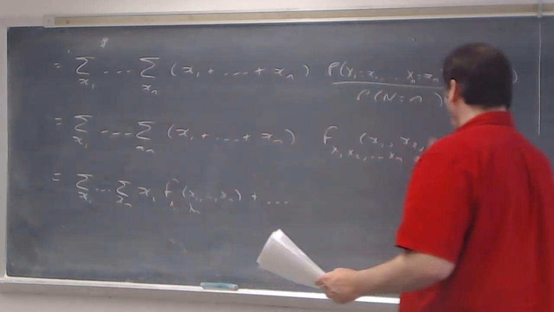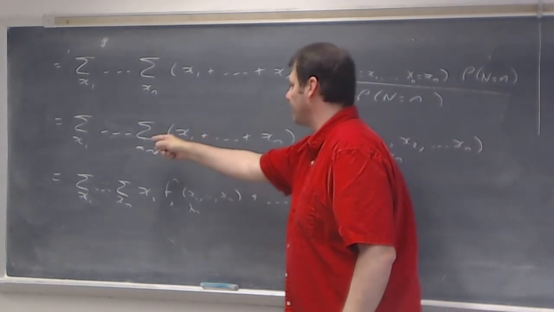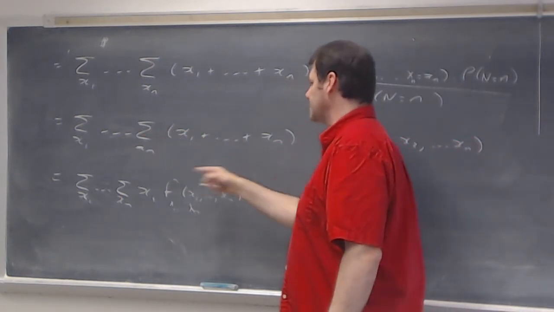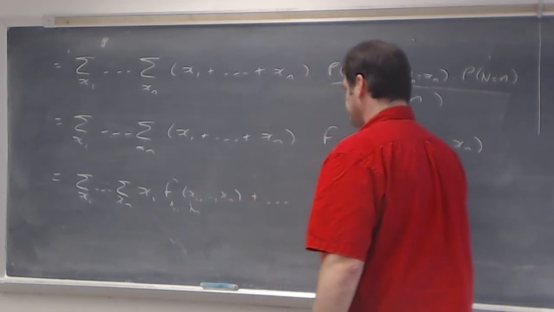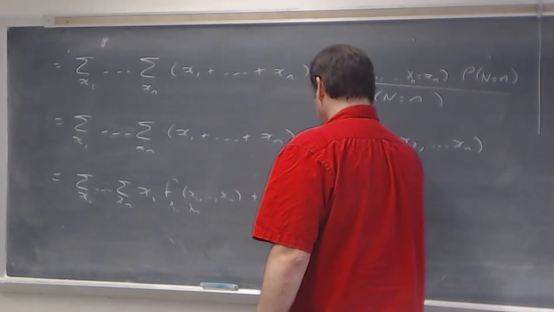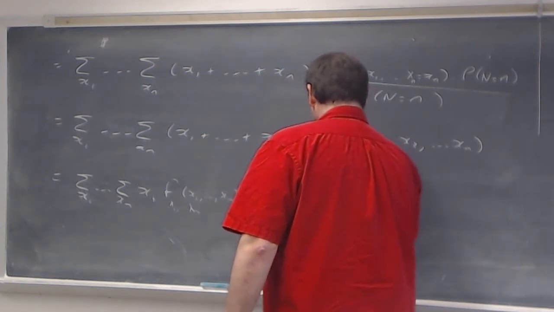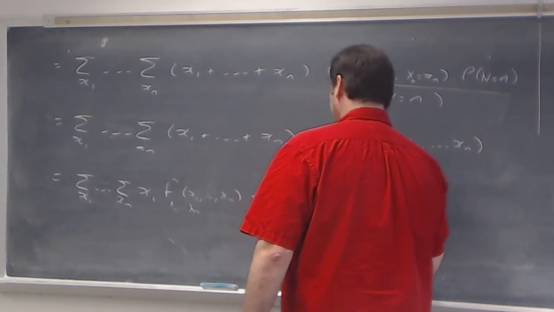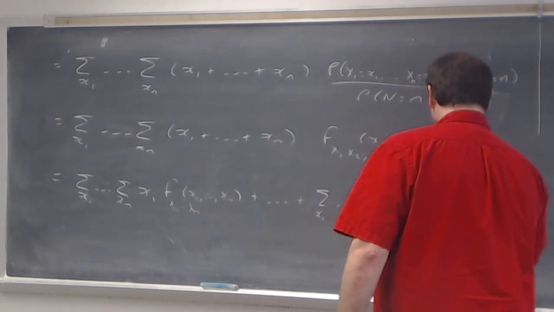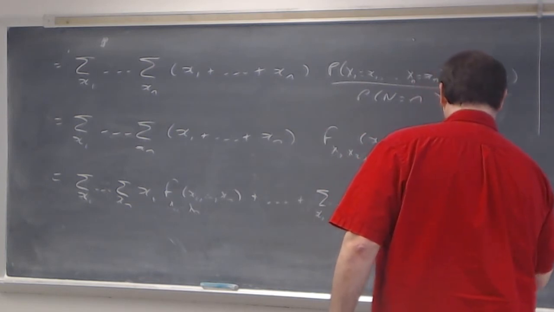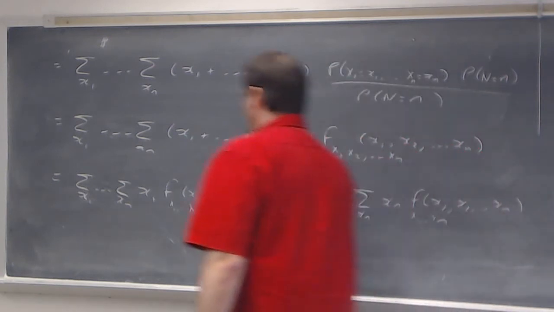So what I'm doing is multiplying this joint PDF times each one of these and then breaking these up into n sums. The last one will be these n sums, x of 1 up to x of n, and it will be x of n times f of x of 1, x of 2, all the way up to x of n, this joint PDF.